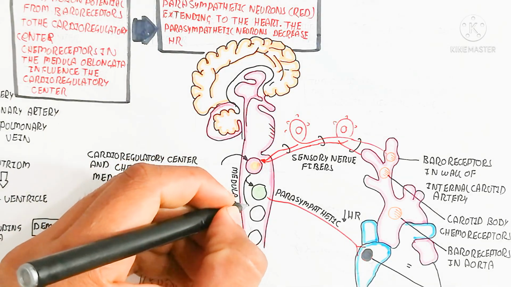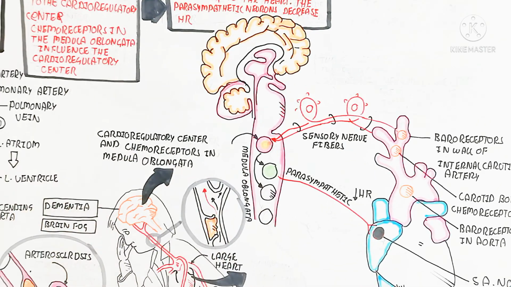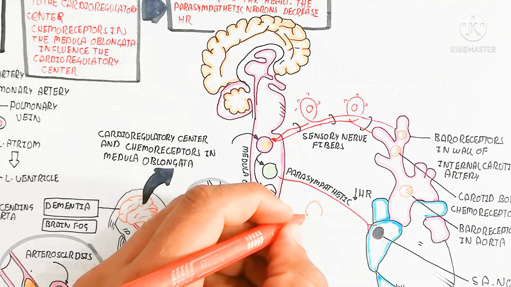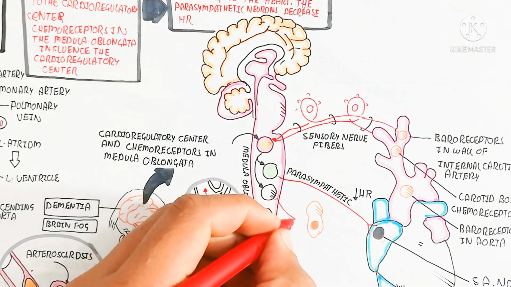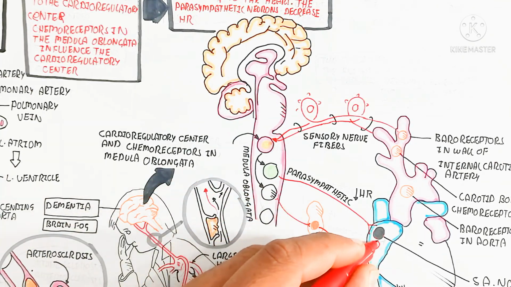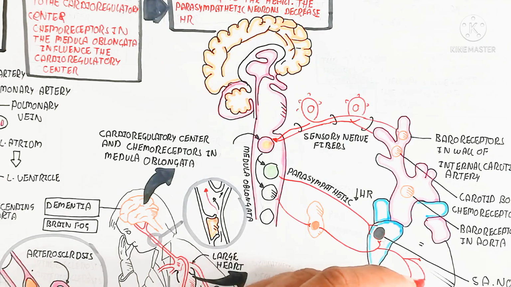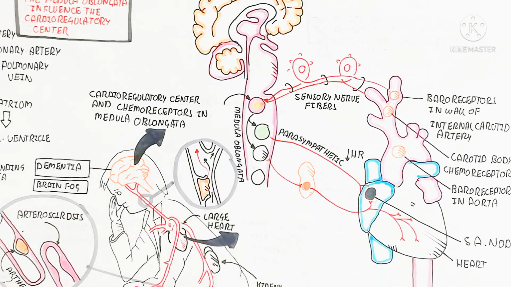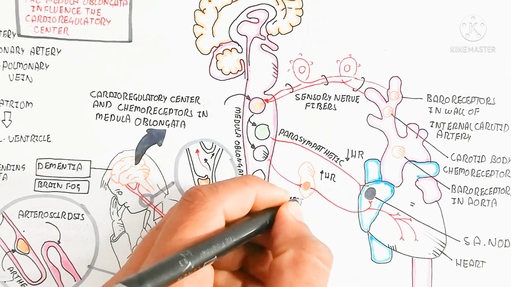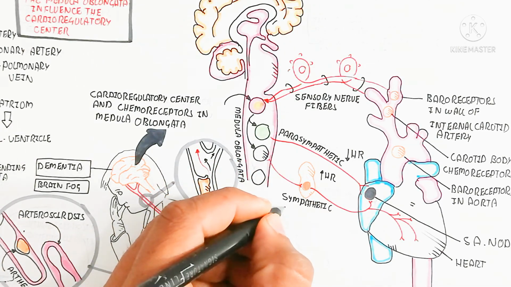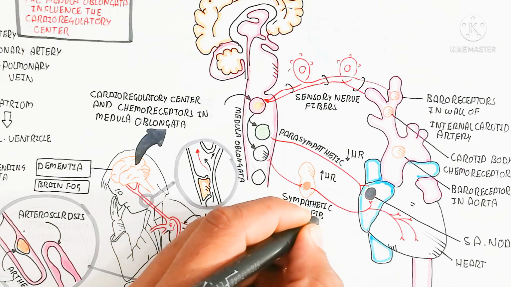So this parasympathetic neuron will decrease it, which means it is the vagal nerve. This vagal nerve is a cranial nerve which is used after digestion as well as after relaxation. The vagal nerve stimulation decreases the heart rate, and with the parasympathetic nervous system, the cardiac output will be decreased.